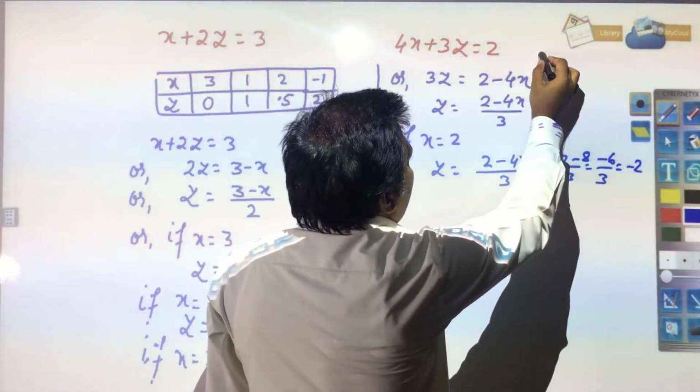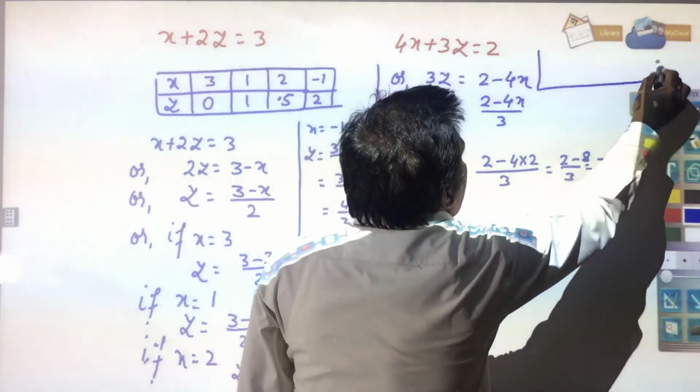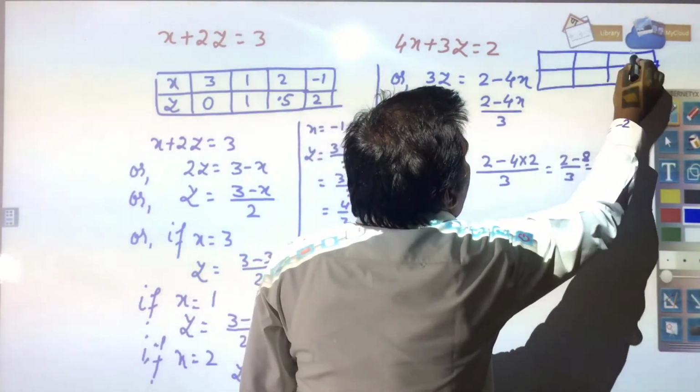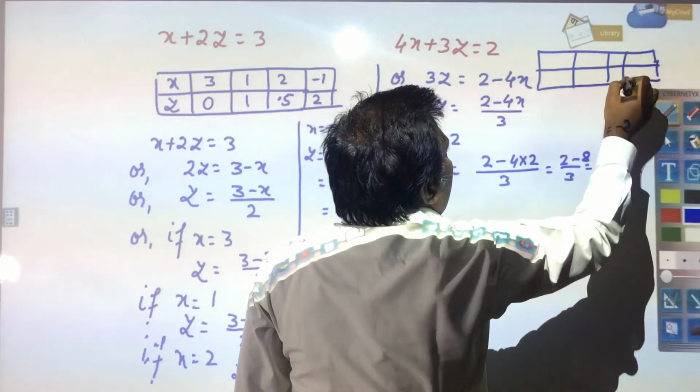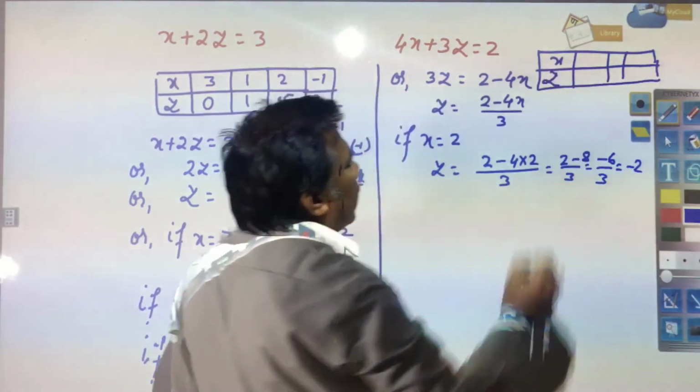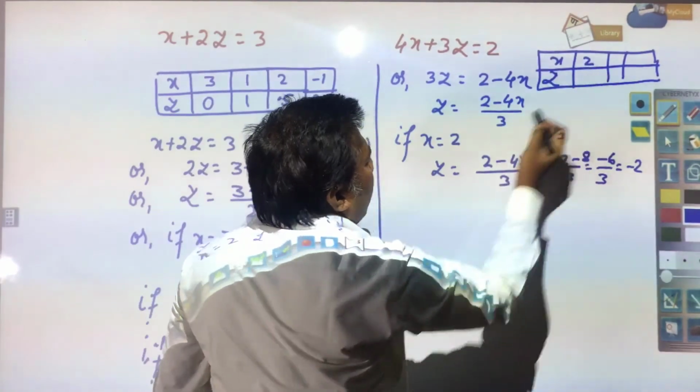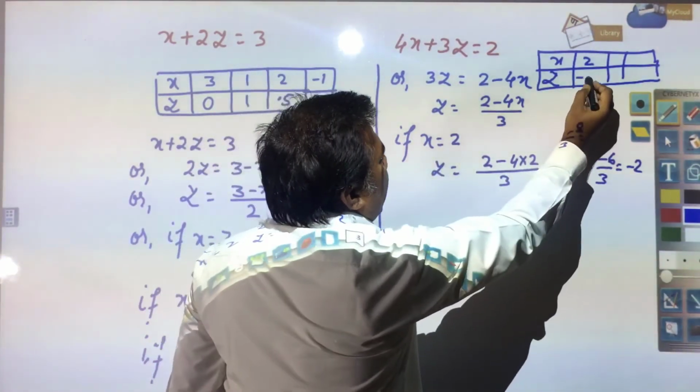So, if you make a table for this, x and y: suppose x is equal to 2, then you have got y is equal to minus 2.